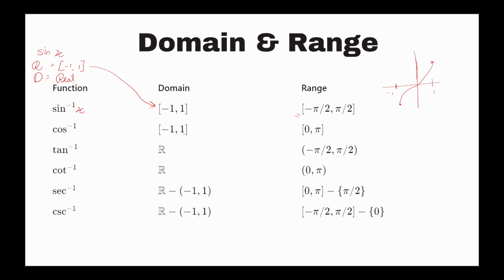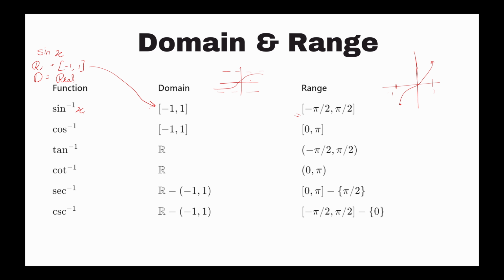For cos inverse x, again the same thing. However, since cos inverse x is above the x-axis, its range would be from 0 to pi. For tan inverse x, we can take our domain to be all real numbers, because for tan inverse x, what was the graph that we had studied? This used to be our graph for tan inverse x, right?